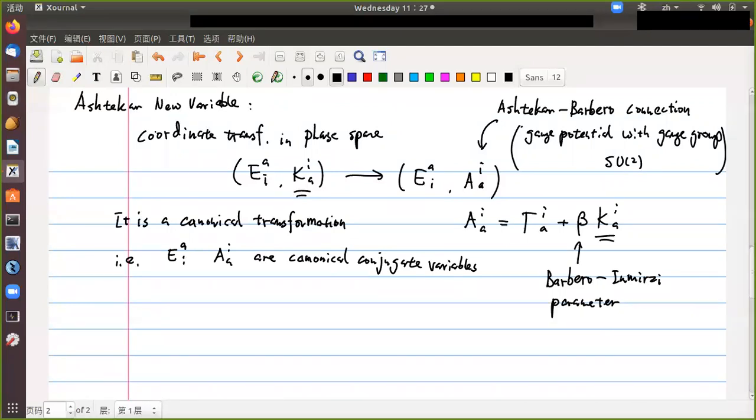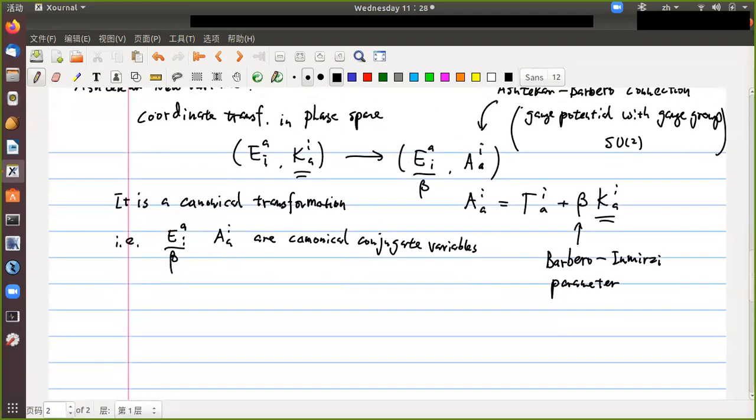Well, it is not completely precise: E and A are canonical conjugate up to a coefficient beta. More precisely, this canonical transformation is E divided by beta, and here is E divided by beta. So this is 100% precise.